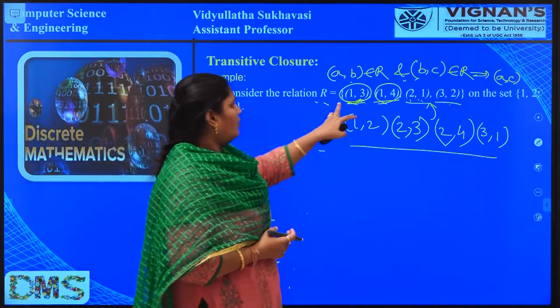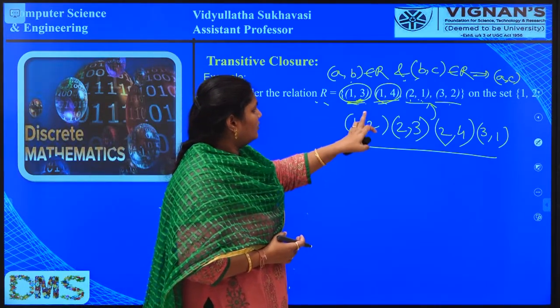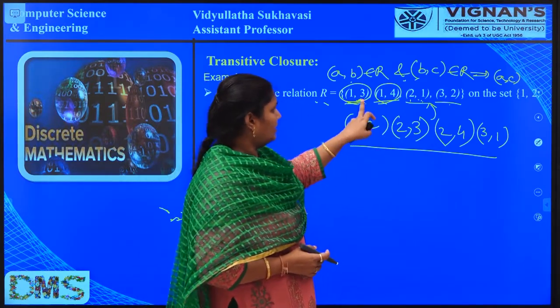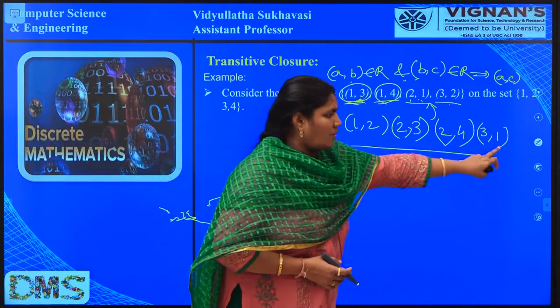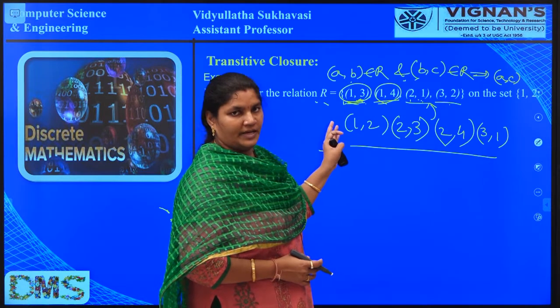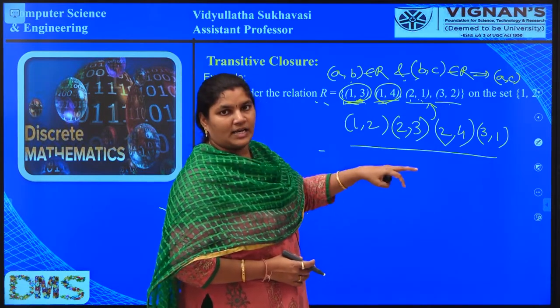Check here. 1, 3. So 3, 1 is there. So if you consider these two ordered pairs, again we can apply the transitive property.